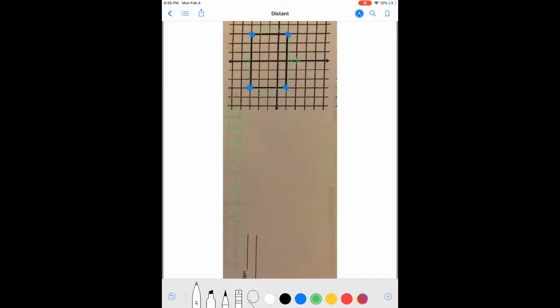And that gives us our perimeter. Now our area is length times width. So that is going to be our 6 times our 4, which gives us 24.